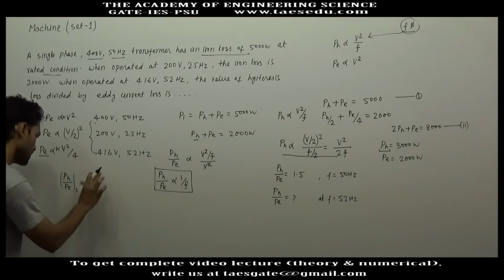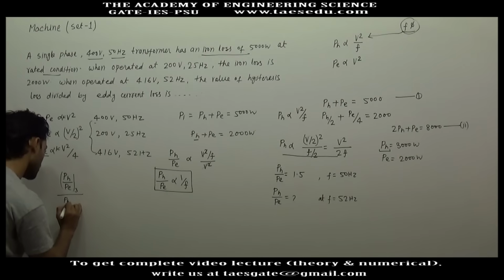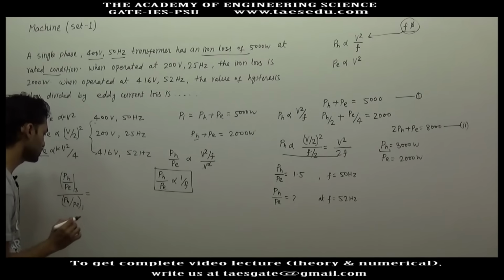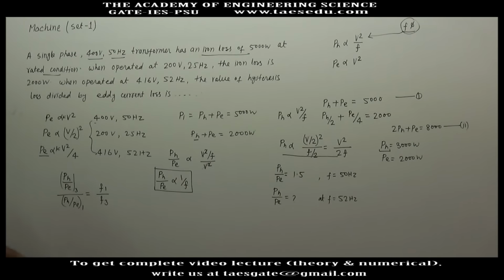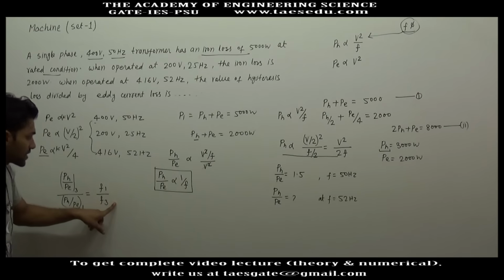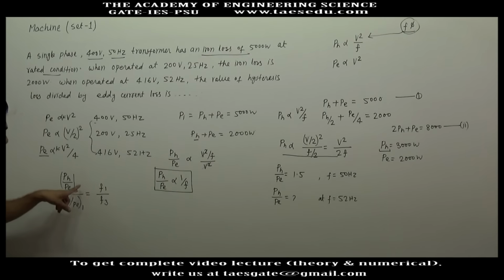PH by PE in the third case divided by PH by PE in the first case will be equal to frequency in the first case divided by frequency in the third case. Since we have inverse relation, 3 by 1 will be 1 by 3. If we had direct relation, we would have 3 by 1 equal to 3 by 1.